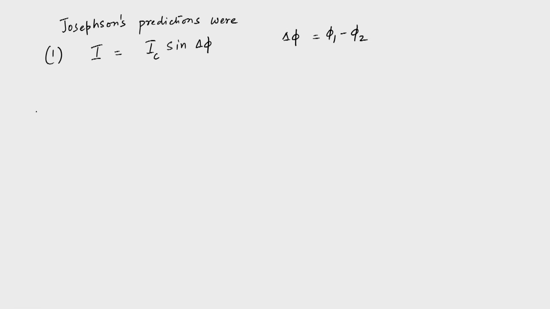So, we have a situation like this. So, this is the tunnel junction or the insulating barrier that lies in between, and this is typically of the order of 10 to 20 angstrom, and this is superconductor 1 and superconductor 2. And this is usually alumina or aluminum oxide, which is a well known insulator.